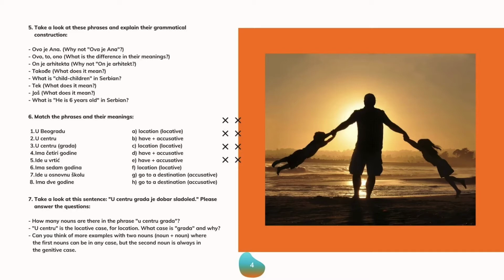It's because ovo is a demonstrative pronoun, and every time it stands in front of the verb biti, to be, like in this case the verb je, it doesn't take the noun form. It actually becomes an adverb and it doesn't change the form. It stays ovo.